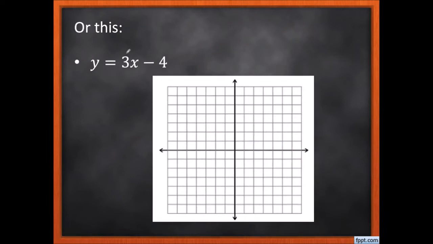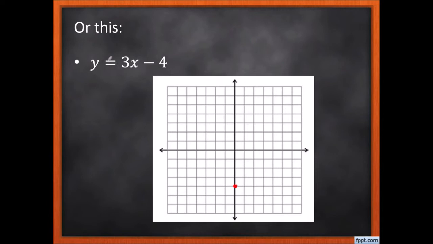All right, so again, y equals mx plus b. So the m here is 3. The b is not 4. It is negative 4. So you're going to go down 4. 1, 2, 3, 4. Now, it says 3. How do I turn 3 into a fraction?